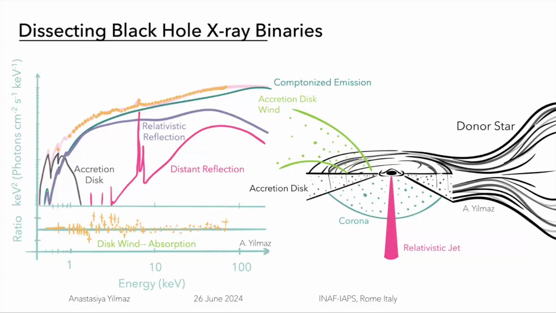And in the case of the reflection component, it will depend strongly on the position where it's emitted from. So if this reflection is coming from the innermost regions of the accretion disk, due to the relativistic effects, it will be broadened.